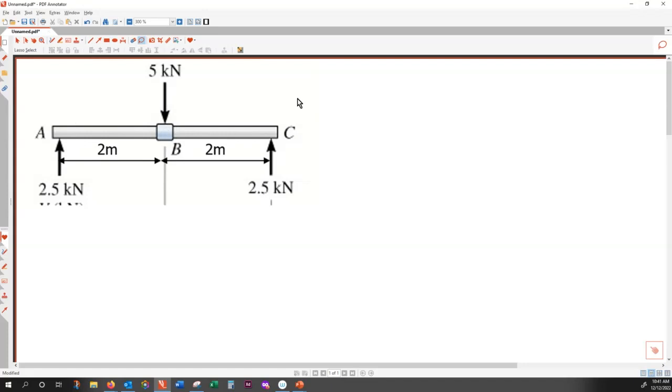There are two zones I can define here. The zone number one, or regime number one, being the X direction, this being W of X, the distributed load. In this zone, we have X changing between 0 to 2 meters. And over here, there is no W of X. W of X in this zone is 0.